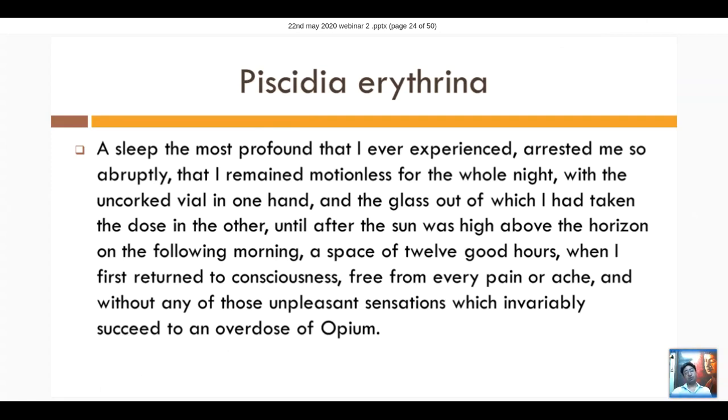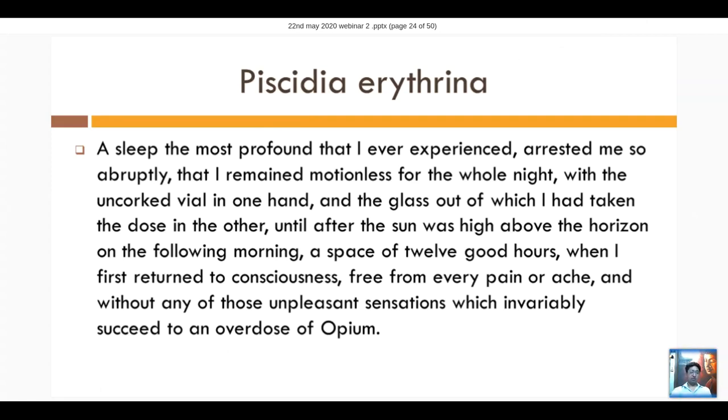So this much profound sleep is there in this remedy, without any of those unpleasant sensations which invariably succeed an overdose of Opium, and free from every pain and ache, no symptom, totally deep sleep is there in this remedy. So we should be very, very clear whether we need a polychrest or a small remedy in a case, and that depends upon the totality we got.